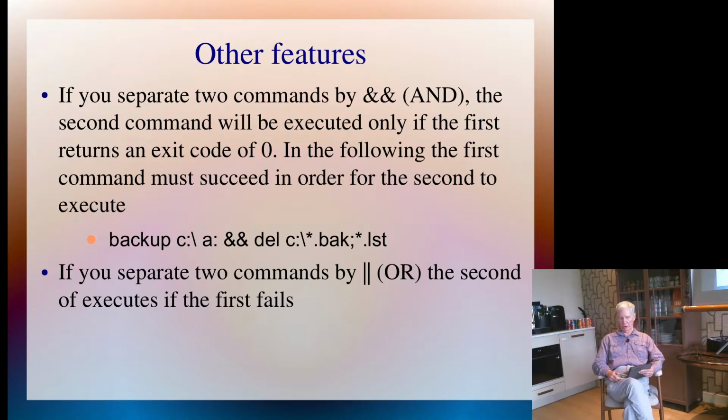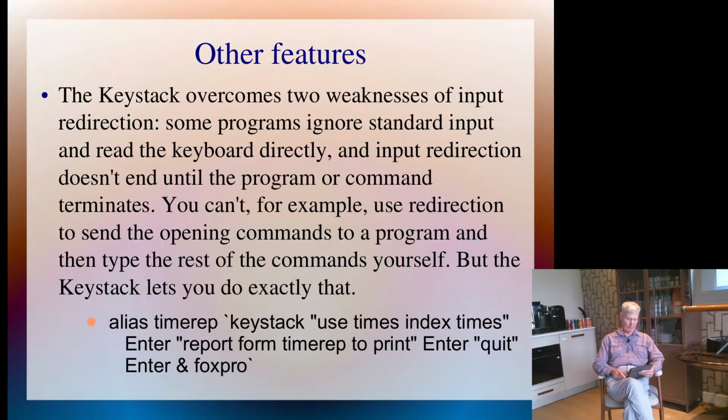It doesn't do the delete. And then you can use OR if you want to say if the command fails, you do this. And so in this case, you might have the second command be echo backup failed if you put the OR on. Next slide.